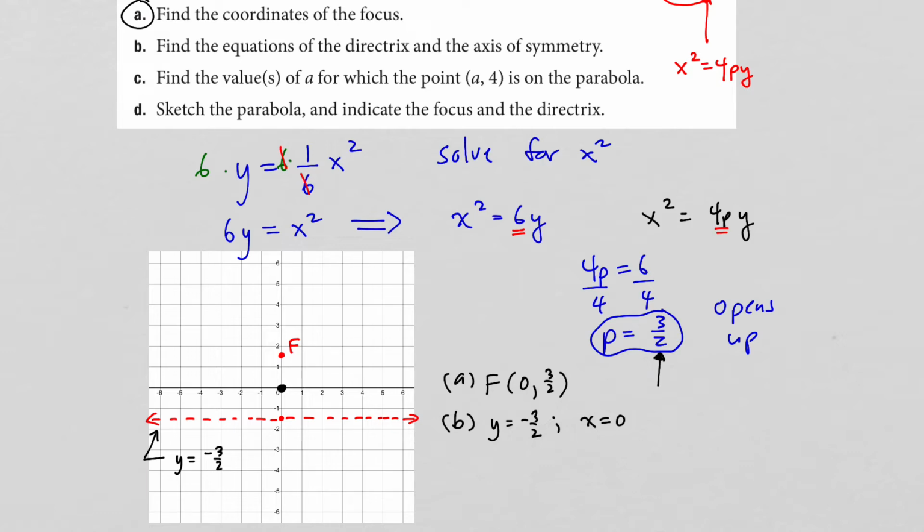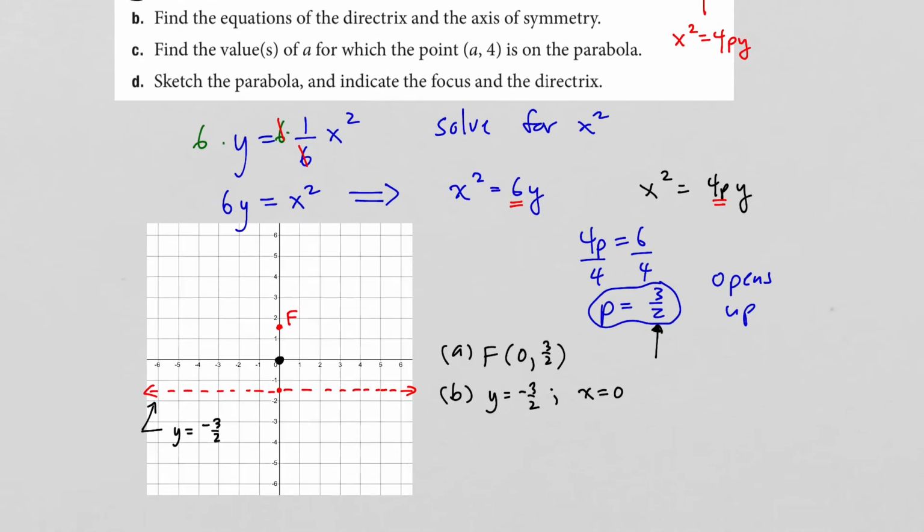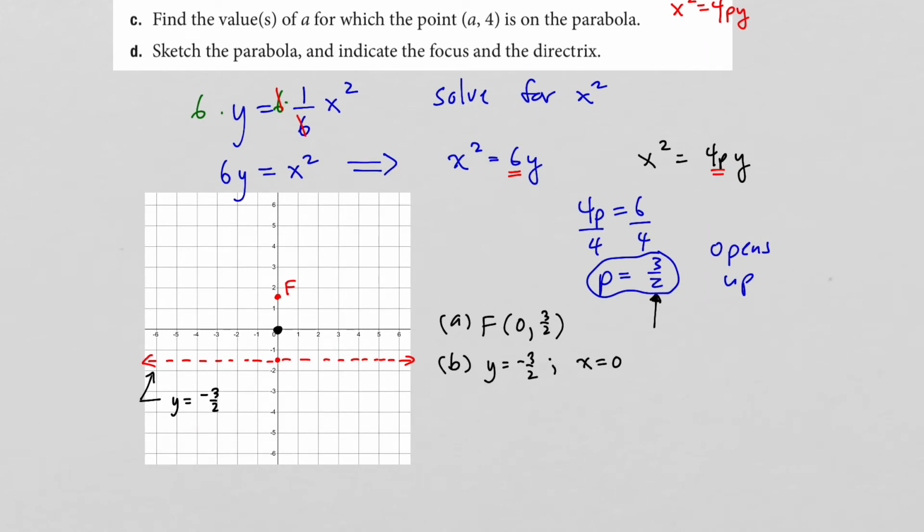Now, let's go ahead and sketch the parabola. To sketch the parabola, we just need a couple of other points on the parabola. So if I know the equation is x squared is equal to 6y, all I need to do is plug in a couple of values for x to find a couple of additional values for y. And you can pick any points that you like. We already know that when x equals 0, y equals 0.